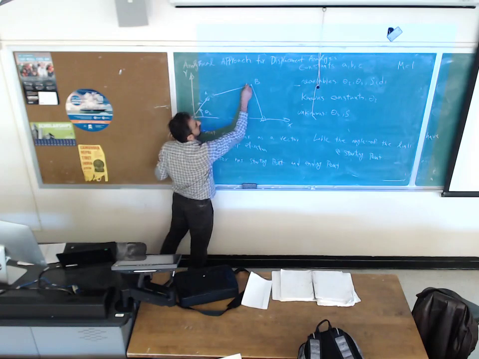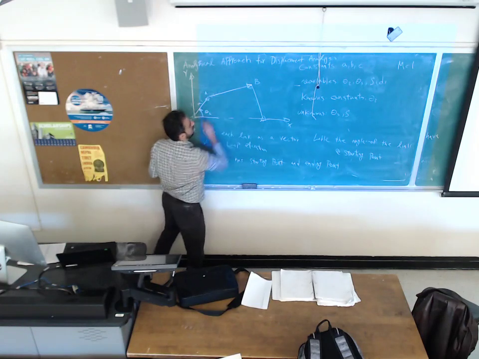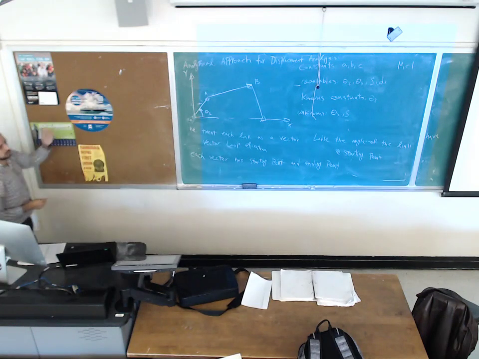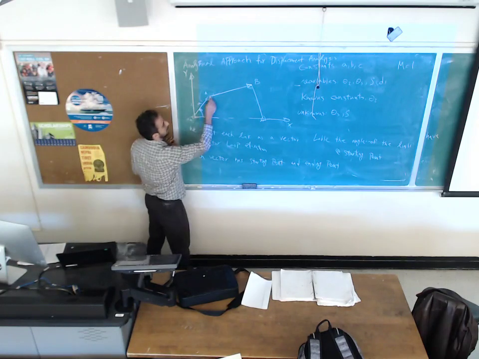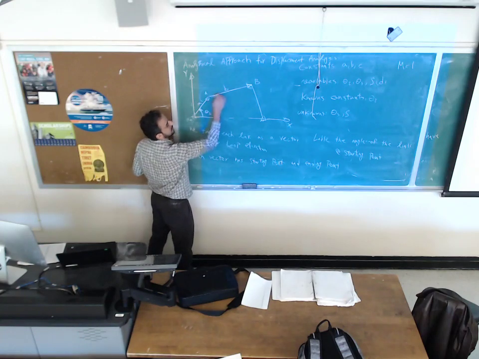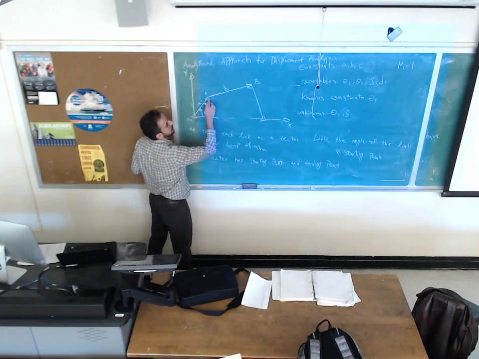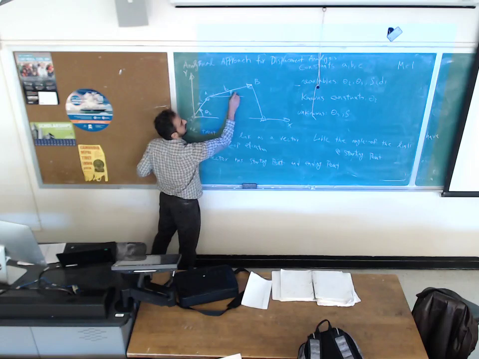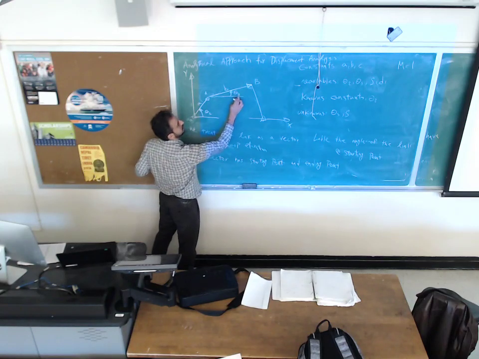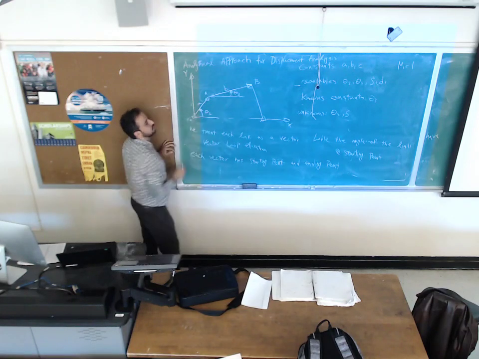I pick this one for now, but you can do the vice versa. Since link 3 has a length of B, and I started the vector at this point, I should measure the angle with the ground at point A. Theta 3, 3 meaning the angle for link 3.